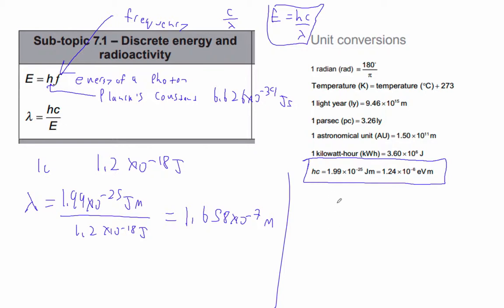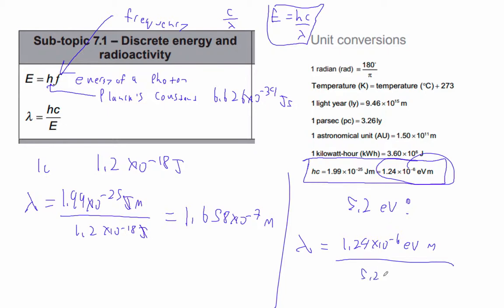Let's imagine that I gave you that the energy was 5.2 electron volts. Then you could find the wavelength, using this guy. Notice that electron volts cancel, so we could use 1.24 times 10 to the minus 6th electron volt meters, divided by 5.2 electron volts, and we'll get meters again.